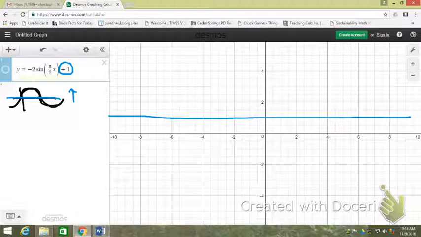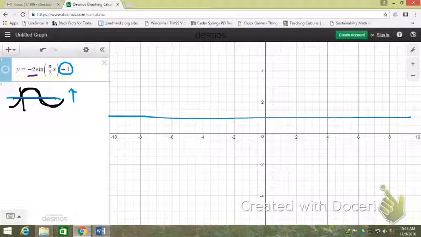And then I know that's kind of my center line, so I'm going to go up from there and down from there. So it becomes a question, how much am I going to go up or down from there? What controls the amplitude is basically what we're looking at. We know that the -2 kind of controls it.